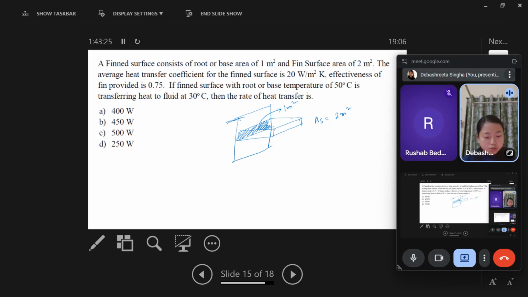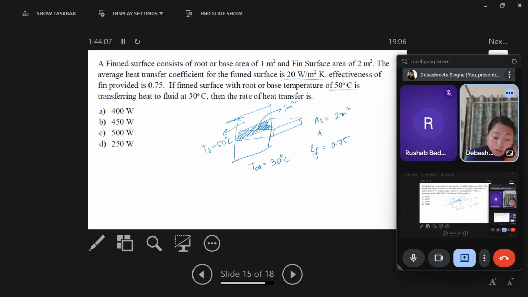The average heat transfer coefficient for the fin surface is 20 watt per meter square Kelvin. H is given. Effectiveness epsilon F is also given, 0.75. If the fin surface with root or base temperature of 50 degrees Celsius, that means this base wall is at 50 degrees Celsius, is transferring heat to fluid at 30 degrees Celsius, that means the surrounding fluid is at 30 degrees Celsius, then what is the rate of heat transfer?